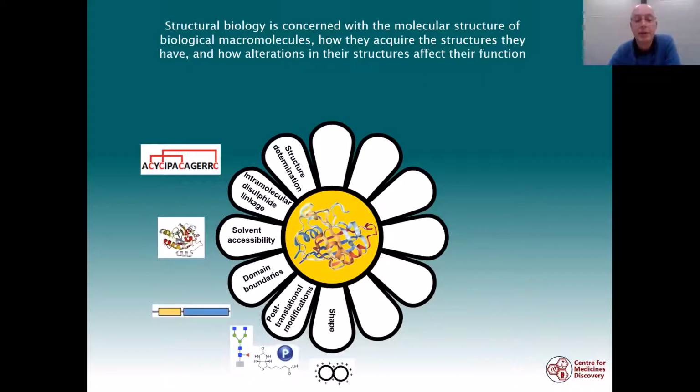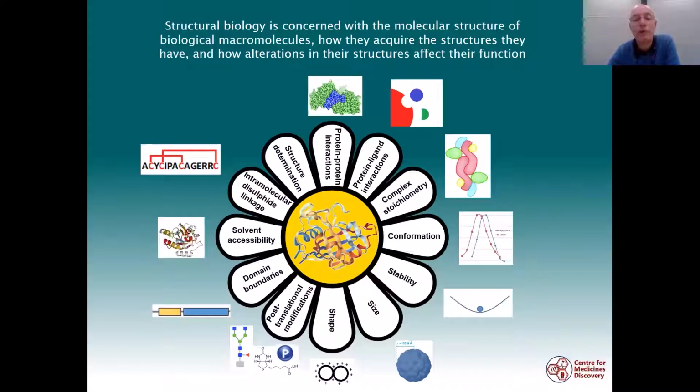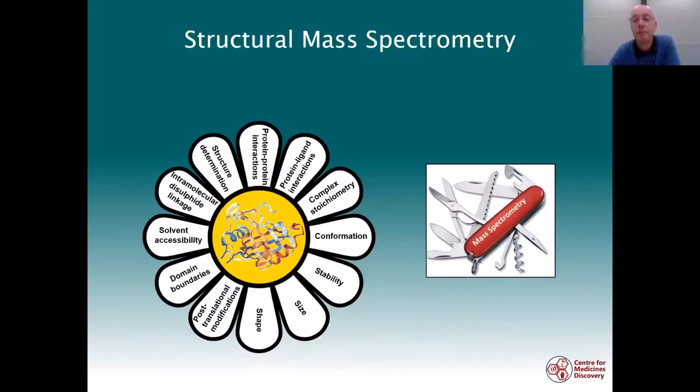There are various pieces of structural information that are all going to be of interest to the structural biologist. And all of these different pieces of information are tractable by mass spectrometry. And please do not think of mass spectrometry as a single technique.